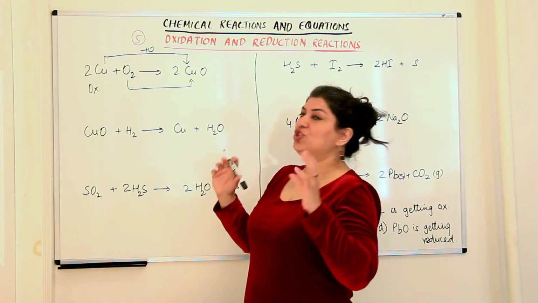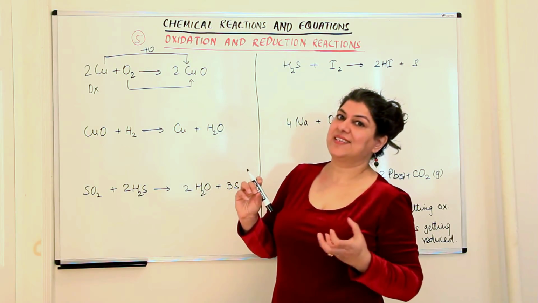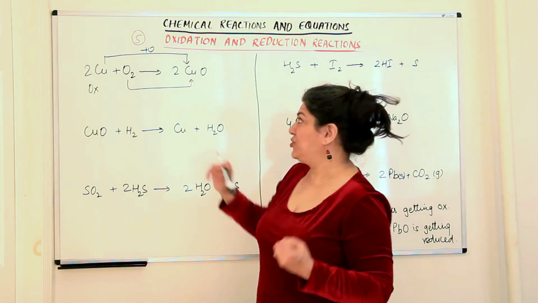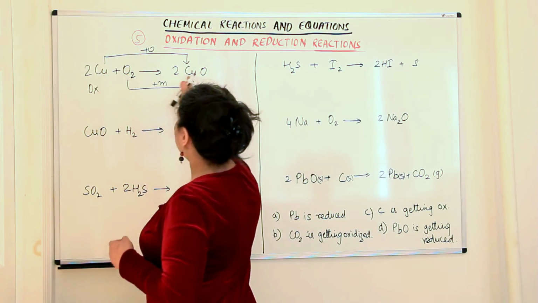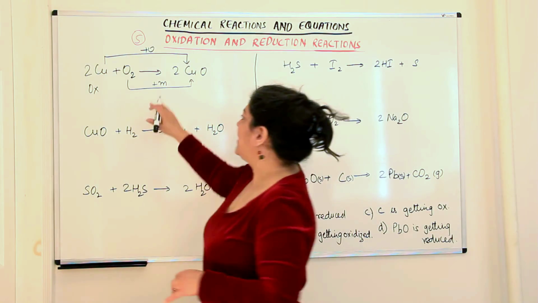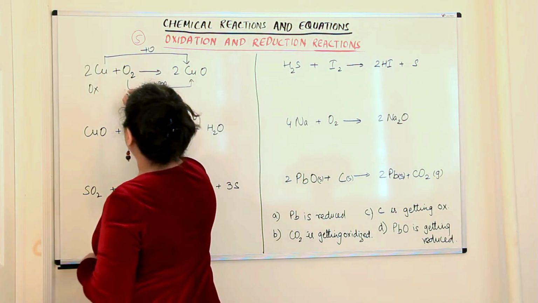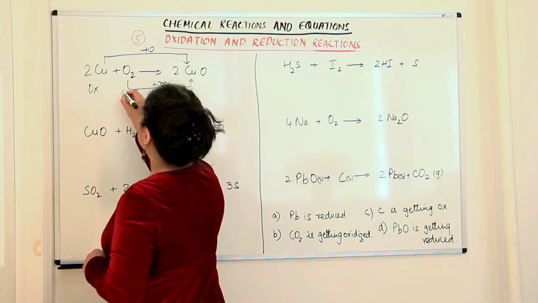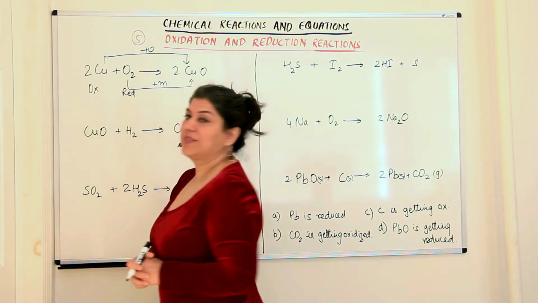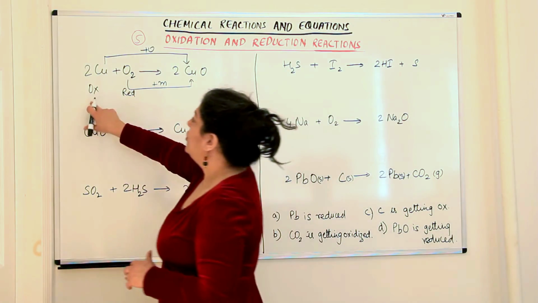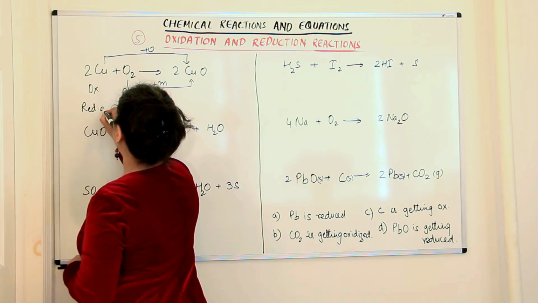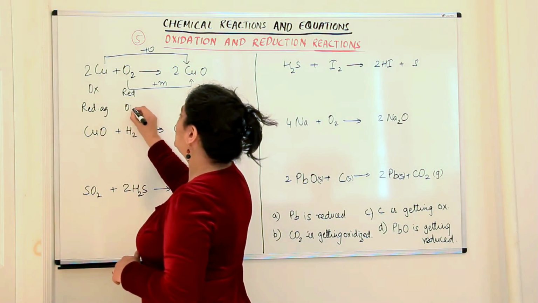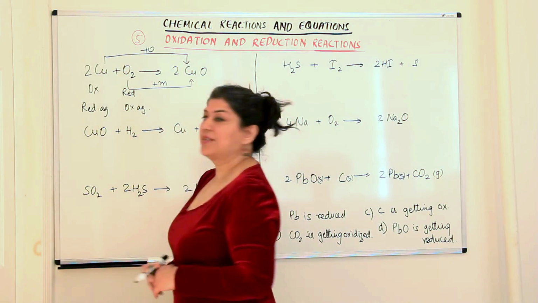So anything to which metals are added would be reduced. So addition of metal atom. Copper is adding to oxygen, so addition of metal atom, this is the definition you will use here, is getting reduced. So oxygen is getting reduced. So if this is oxidized, it is the reducing agent. And if this is reduced, it is the oxidizing agent.